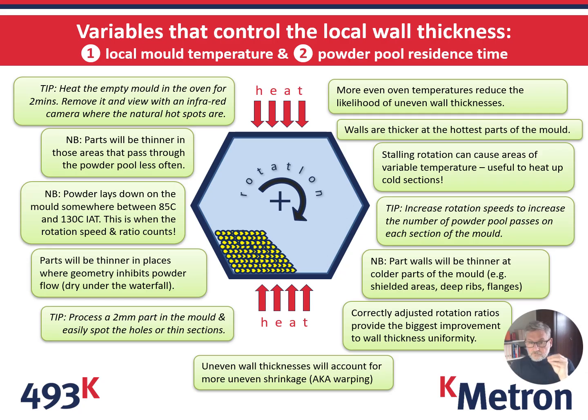Correctly adjusted rotation ratios will provide the biggest impact to wall thickness uniformity once you have got even heat around the mold. Uneven wall thicknesses will account for more uneven shrinkage and eventually warpage. If you're having problems with your wall thickness variation, then I would recommend processing a part which is a lot thinner than what you would normally process, let's say 2 millimeters thick.